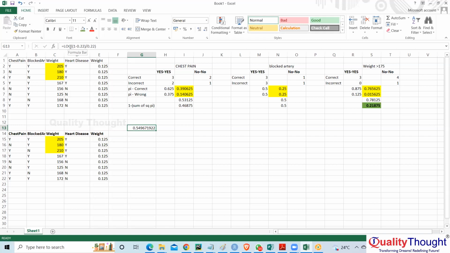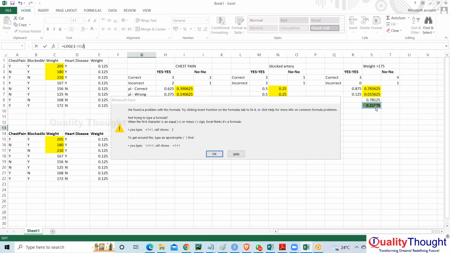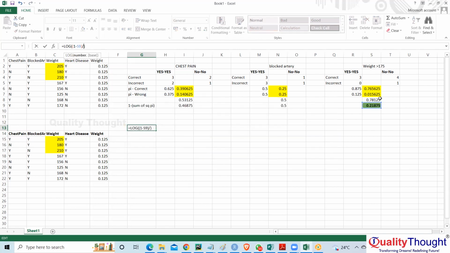I think it's log base 10, and then you take half of this. Half of this will be even less.